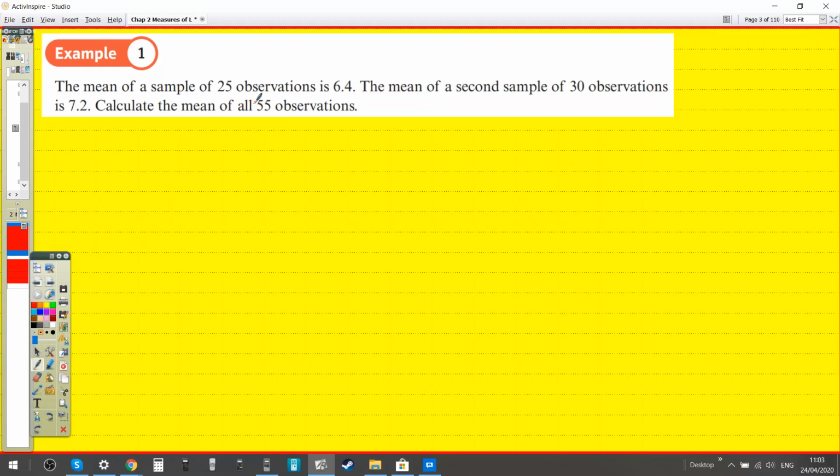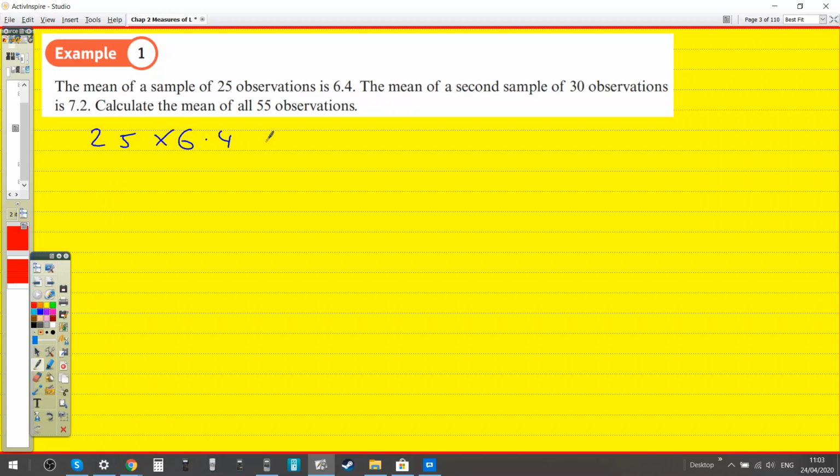So this time they tell you the average, and you have to find the overall average. So the mean of 25 things is 6.4, and the mean of 30 things is 7.2, and you have to find overall what the mean is. I have to do 25 times 6.4 plus 30 times 7.2 divided by 55.